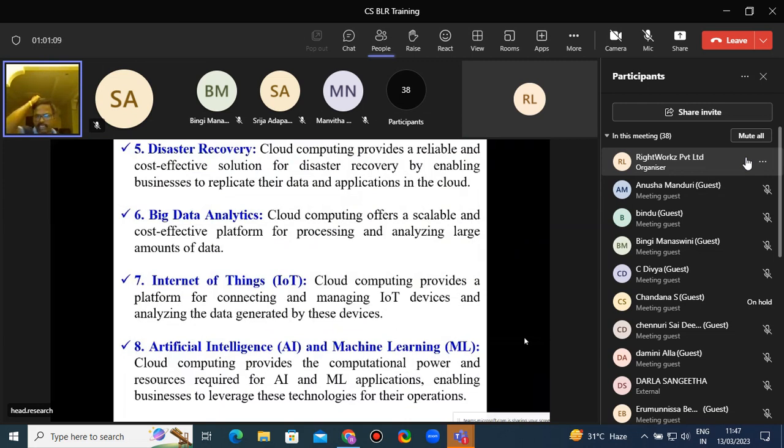Big data analytics is one more application. It offers a scalable and cost-effective platform for accessing and analyzing large amounts of data.